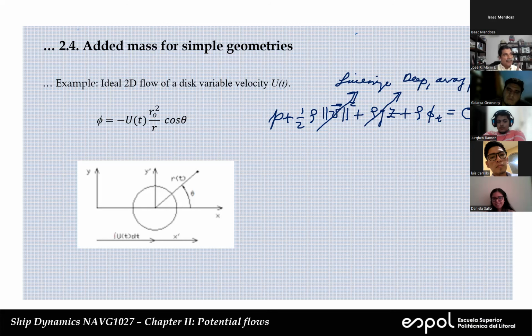Notice, people, that in the previous example we considered the velocity, and it was steady, so the derivative with respect to time was 0. In this case, we have to linearize because the problem is much more complex. So we linearize, but we keep the time dependence in our problem.